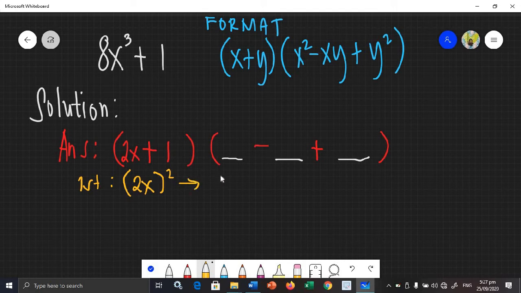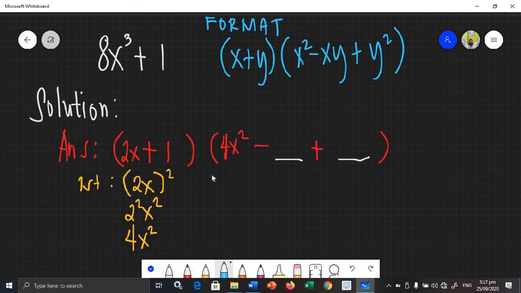Simplifying this, so this will be 2 squared and then x squared. 2 squared is 4x squared. Okay? Now, we have our first term, which is 4x squared. So, I'm going to erase that part.